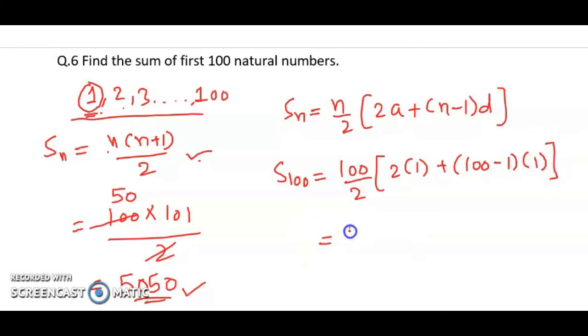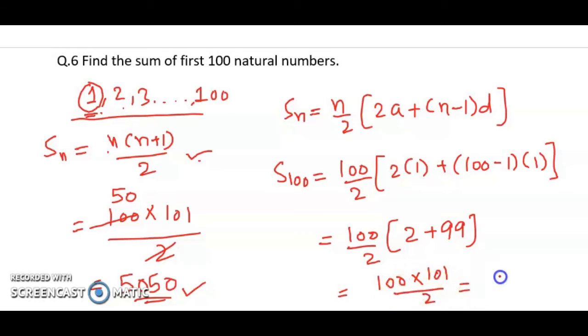If you simplify this, this is 100 divided by 2, 2 into 1 that is 2, here 100 minus 1 that is 99, multiplied with 1, that is 99 only. So here also you will get 100 multiplied with 101 divided by 2. So we'll get the same answer, 5050.